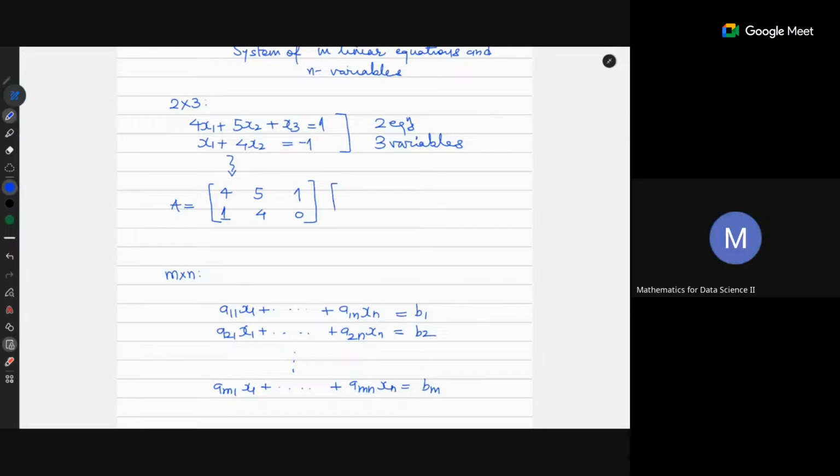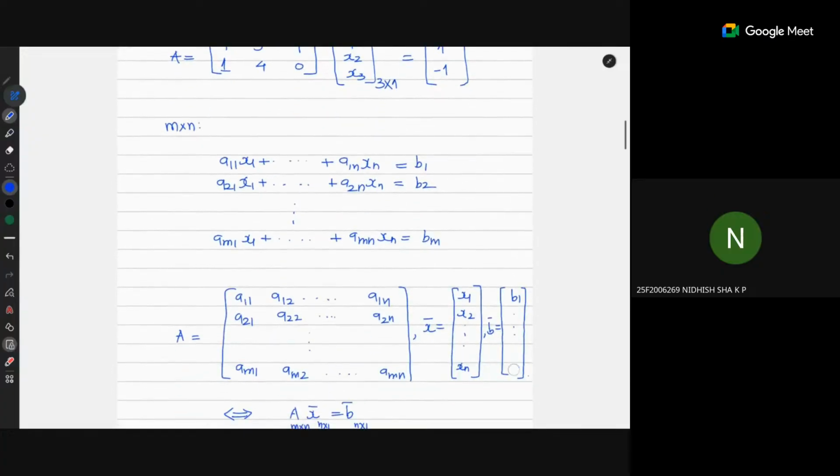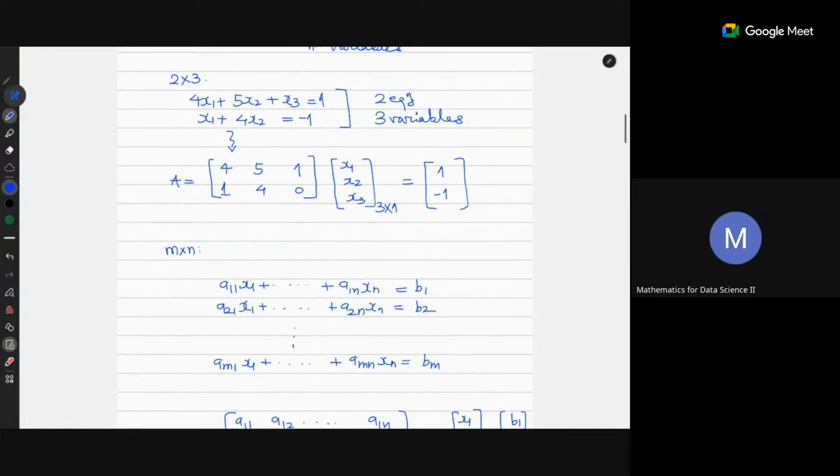Then for this, x bar will be 3 cross 1, because 3 variables. Then the constant matrix will be 2 into 1. How do you multiply both?